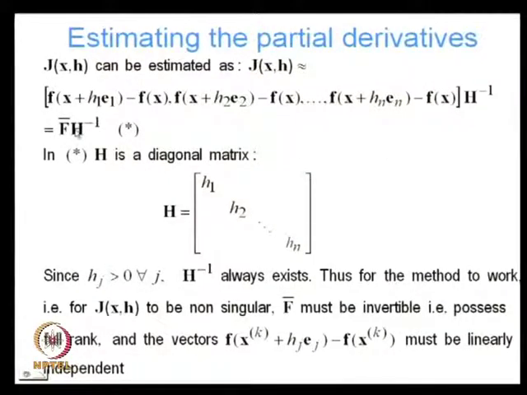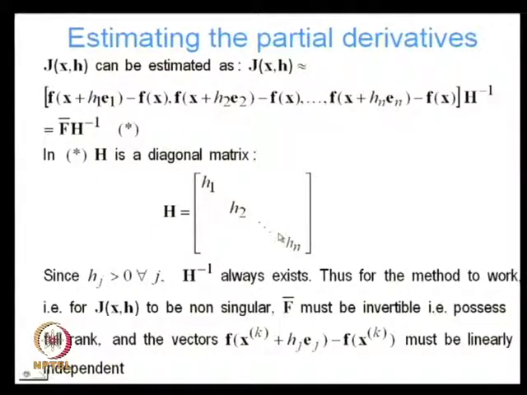If I write it in matrix form, I get f bar times H inverse, right, where H is a diagonal matrix which contains all the h's, all these increment sizes, on its diagonal. Since all these hj's are greater than 0, H inverse always exists.